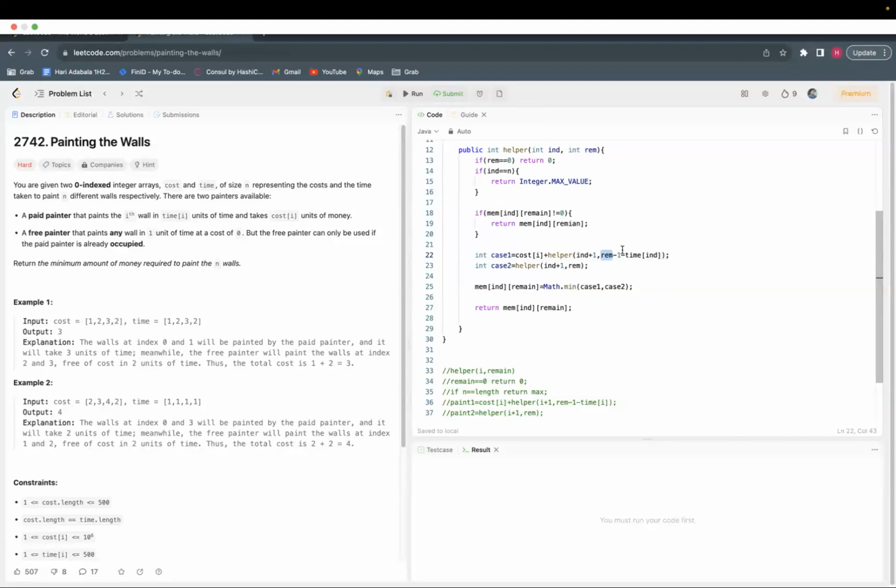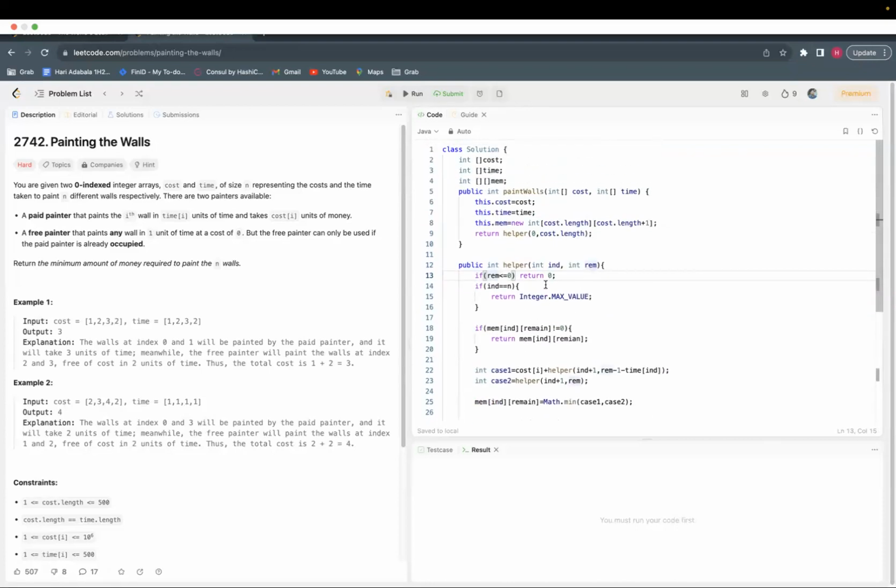So there is only one wall left for the free painter to paint. Then this remaining will be negative. So if it is negative also, we should return 0 only, because in some cases it is possible that the paid painter is painting and there is nothing left for the free painter to paint. So yes, this should work.